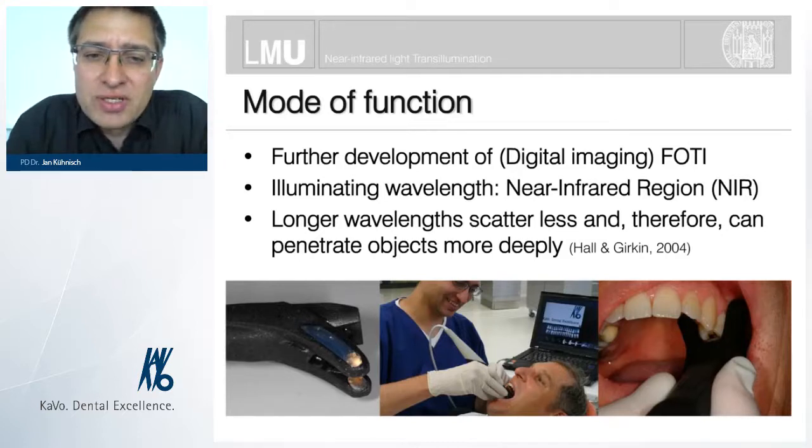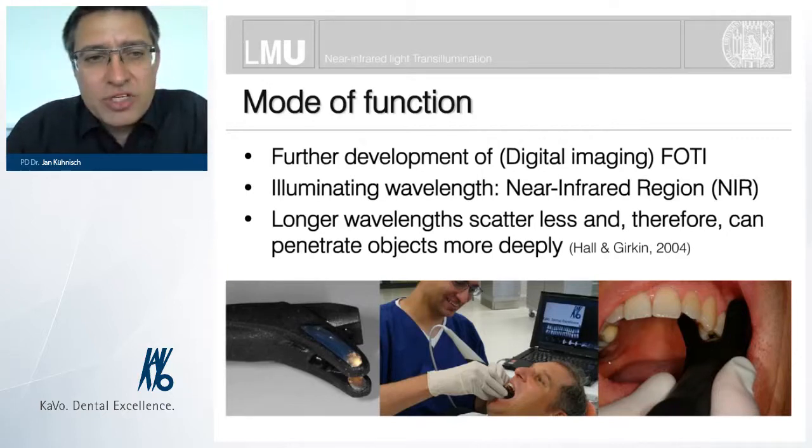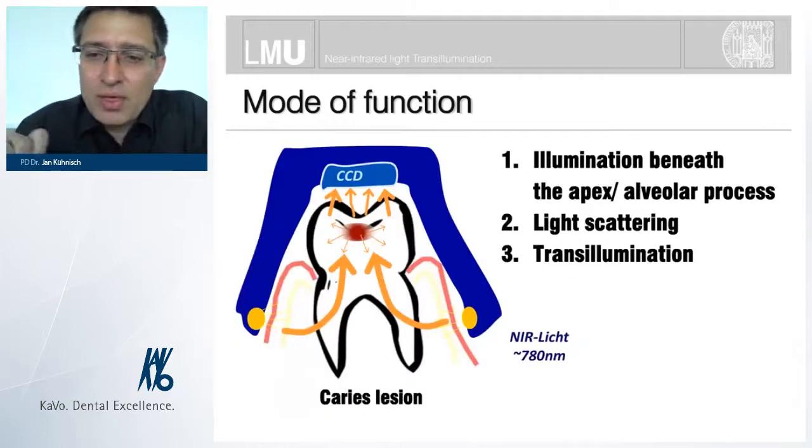And the background is that near-infrared light has a longer wavelength, scatters less, and therefore can penetrate objects more deeply. So it's possible to transilluminate tooth material as well, and to make caries lesions visible.